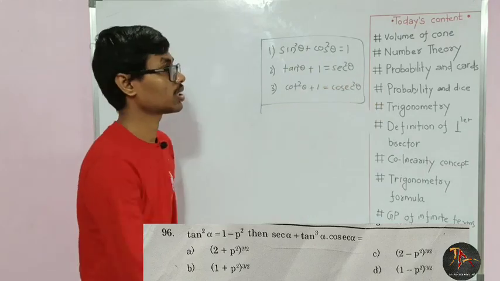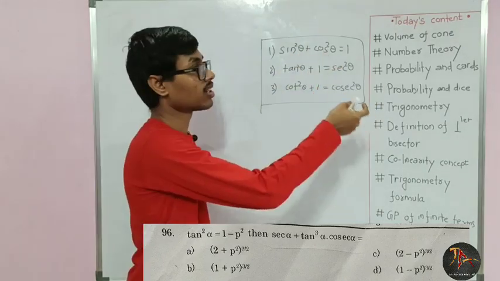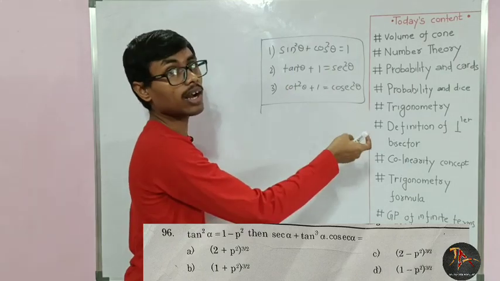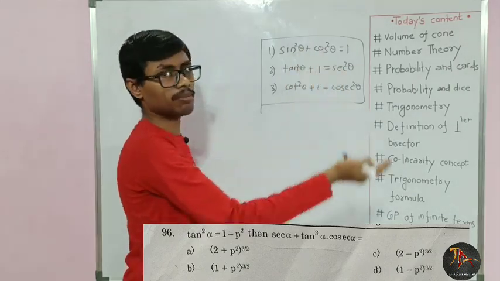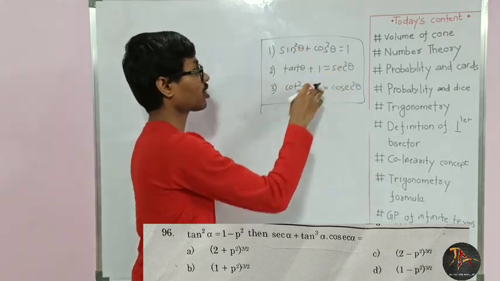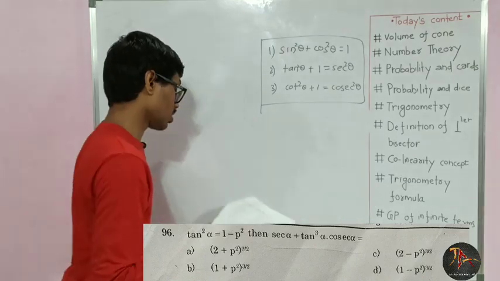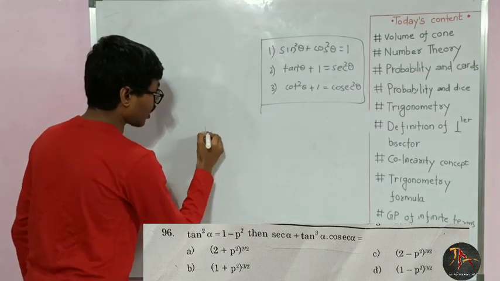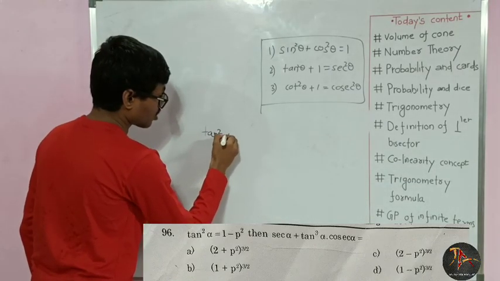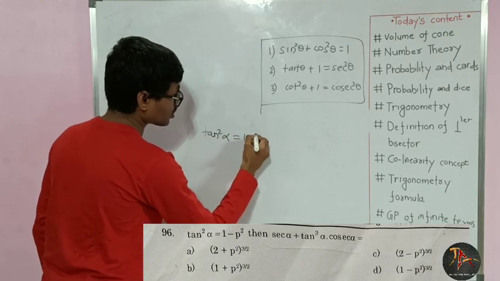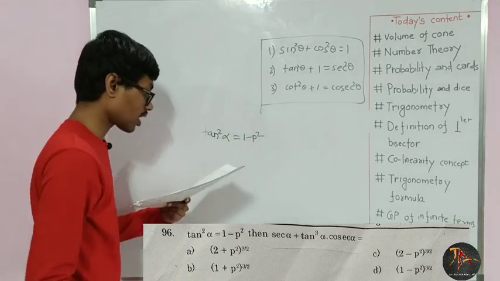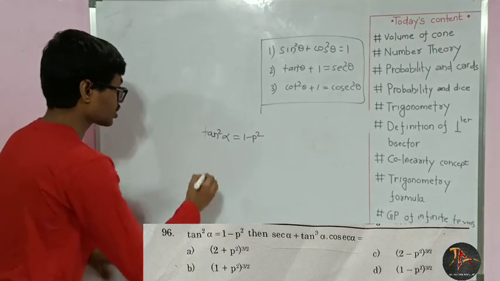We can replace theta by alpha, by A, by B, anything; it is applicable for any value of angle. Now tan square alpha is equal to 1 minus p square.